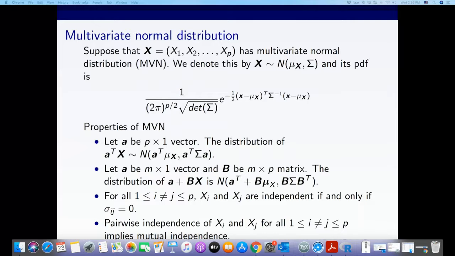So that's mutual independence. Mutual independence is stronger than pairwise independence. Mutual independence implies pairwise independence, but pairwise independence does not imply mutual independence in usual random variables. But for the multivariate normal distribution, they are the same.